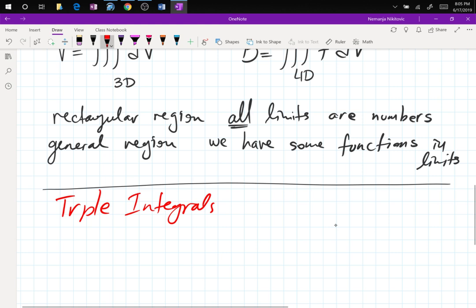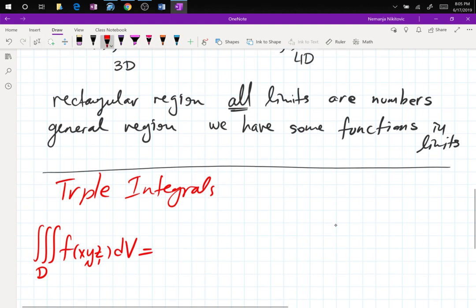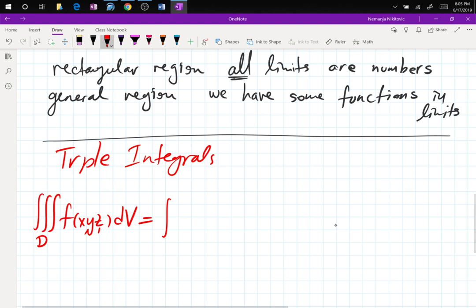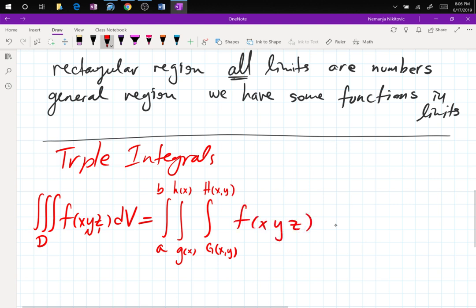This will be the triple integral over region D of f of x, y, z dV, which is going to be the triple integral from a to b, then g of x and h of x, and then capital G of x, y and capital H of x, y, and then we're going to have our f of x, y, z, and then dz, dy, dx.